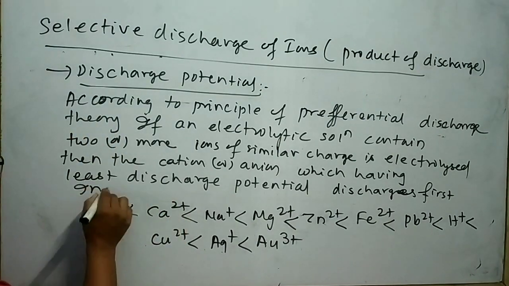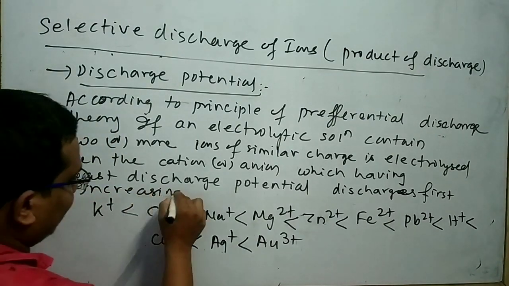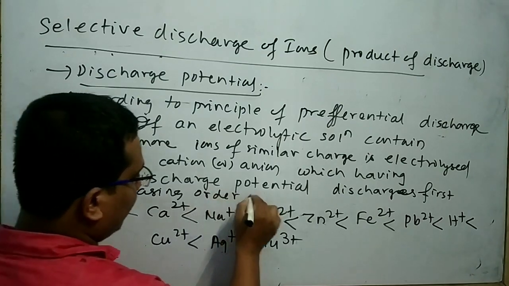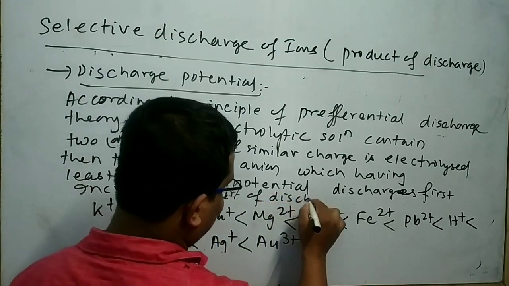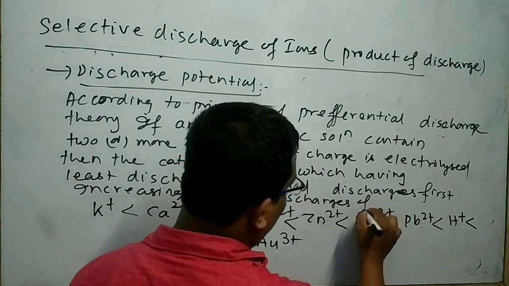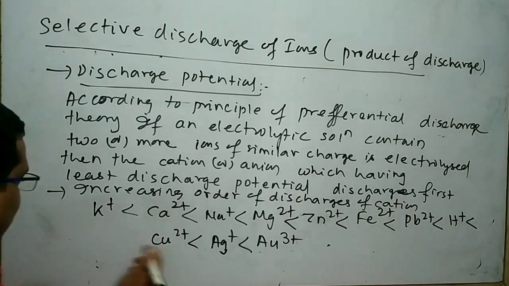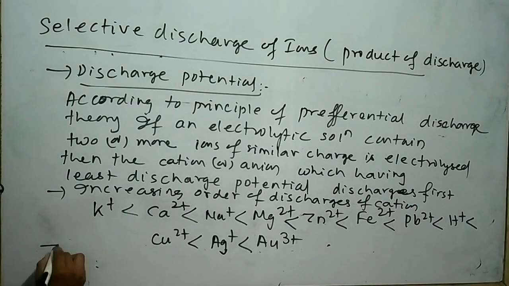This is the increasing order of discharge of cations. Like cations, we can also write an order for anions.